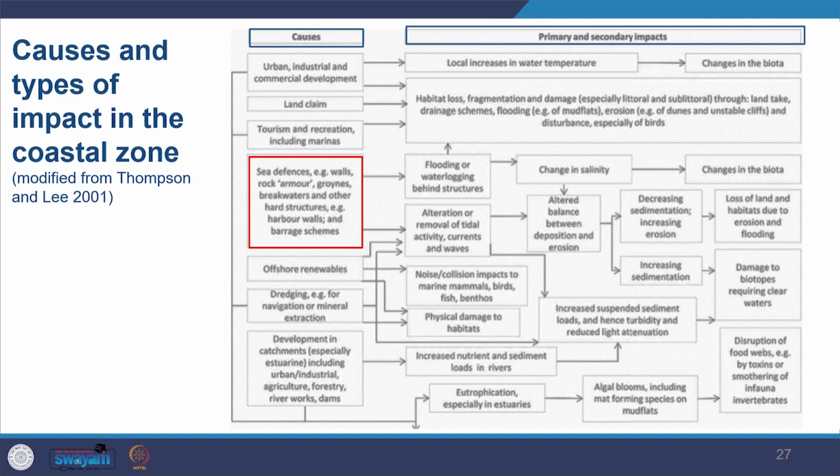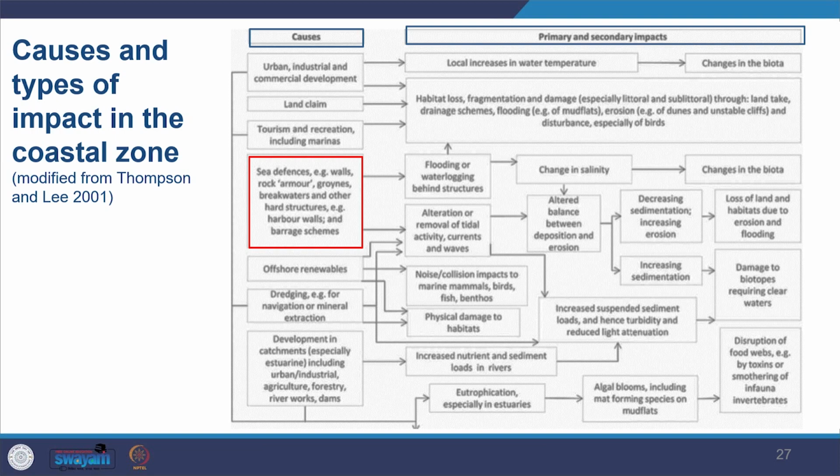And it would also lead to removal of tidal activity. The tidal activity which was happening without any barrier would now be altered, or would be removed from that place.